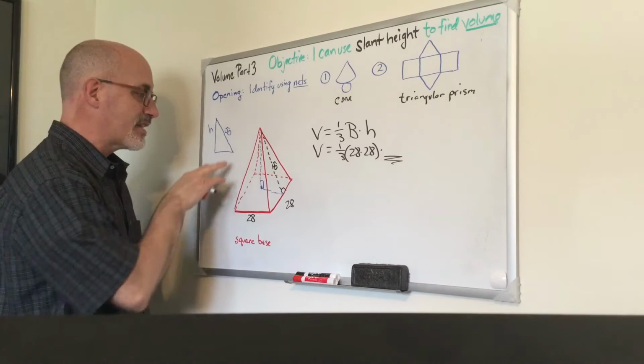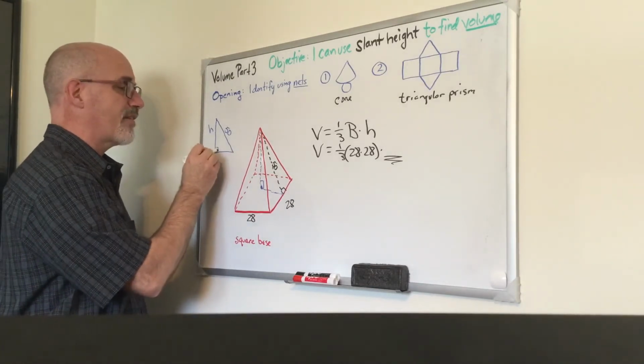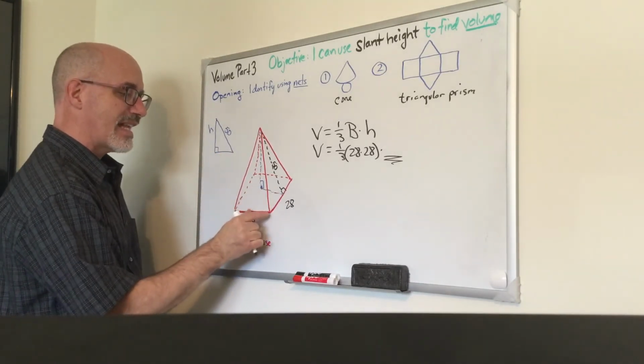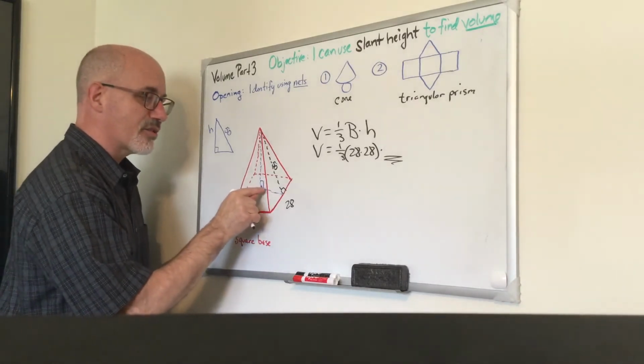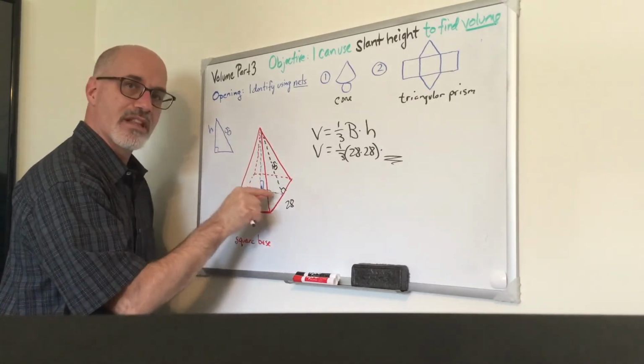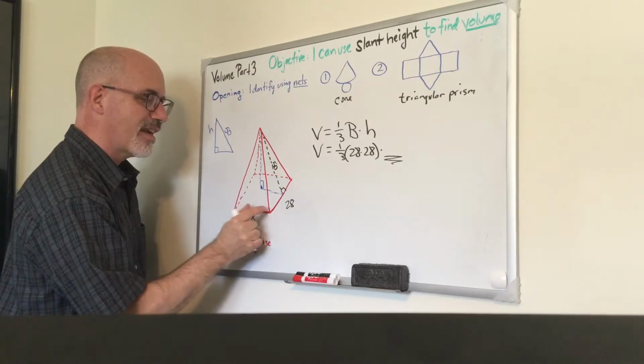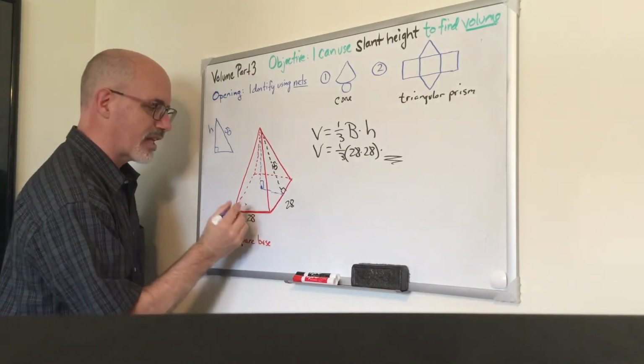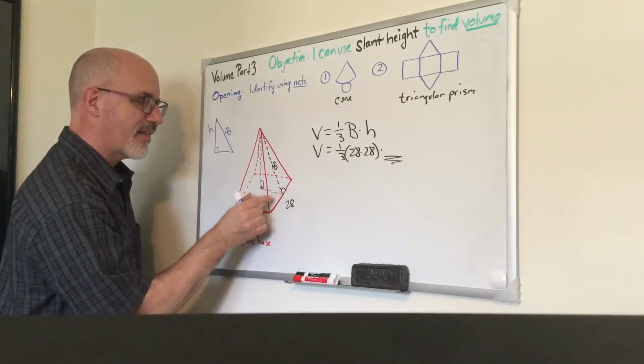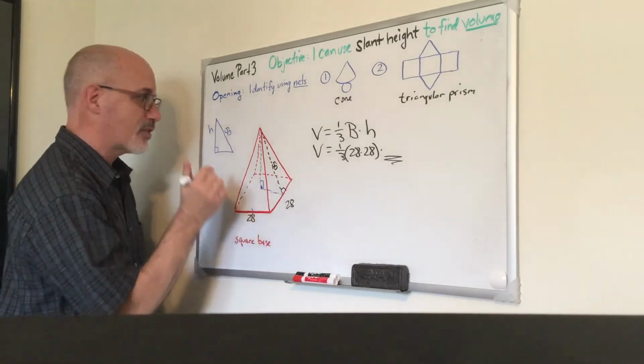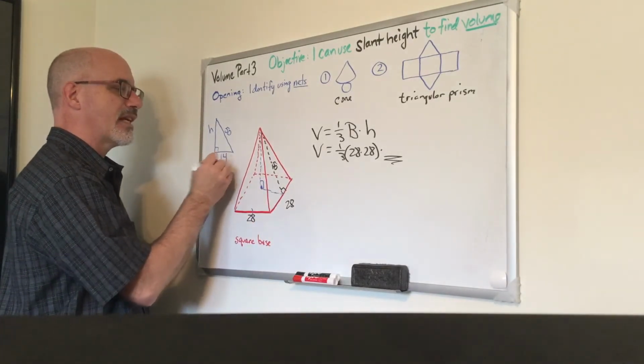I know that bottom value because it's half of one of the sides. The middle of that bottom side cuts it in half, so it's half of 28. That's going to be 14.